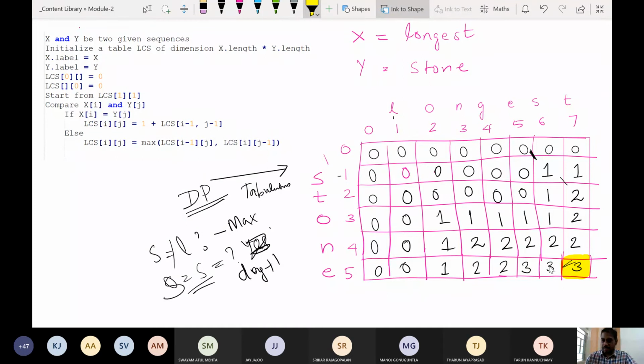Where did you get this 3? Diagonal plus 1. This is diagonal. So you can put a diagonal arrow here.